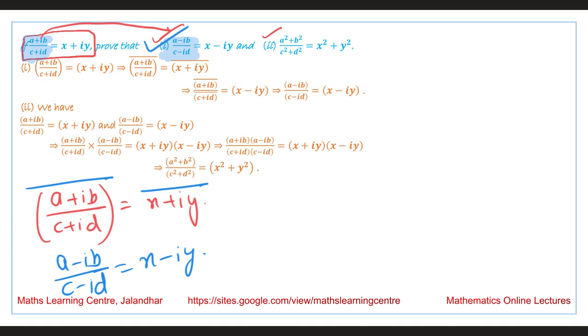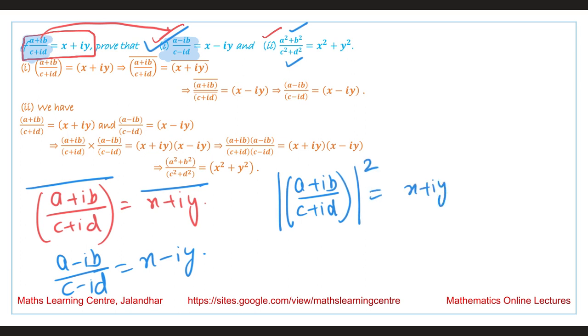And the second part we have is a square plus b square over c square plus d square. So basically we are talking about a plus iota b over c plus iota d. We are taking the mod and square, it is equal to x plus iota y, we are taking the mod and square. So when we are talking about the mod square over here, we can write it in the form a plus iota b into a minus iota b.